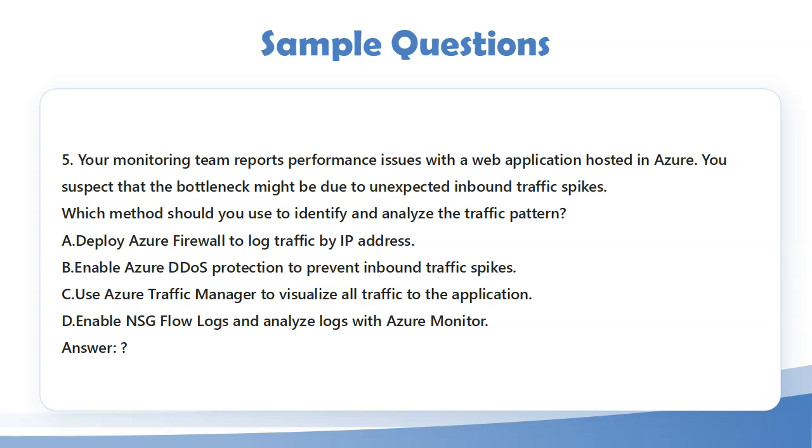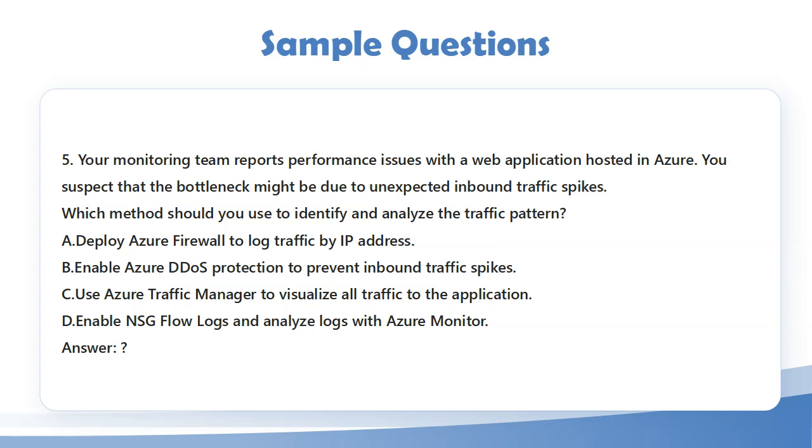5. Your monitoring team reports performance issues with a web application hosted in Azure. You suspect that the bottleneck might be due to unexpected inbound traffic spikes. Which method should you use to identify and analyze the traffic pattern? A. Deploy Azure Firewall to log traffic by IP address.